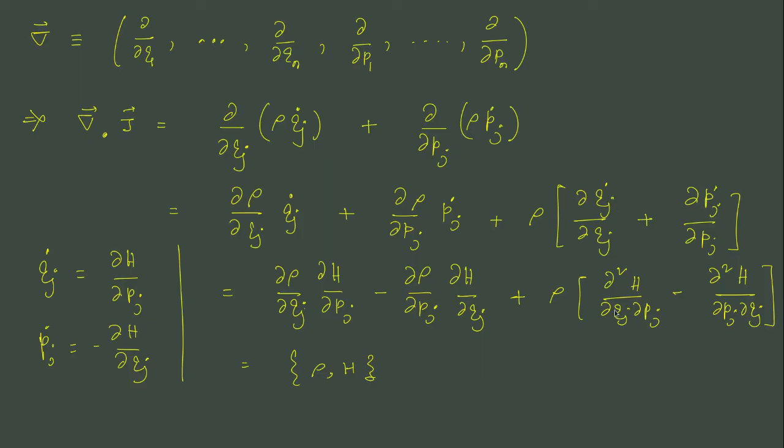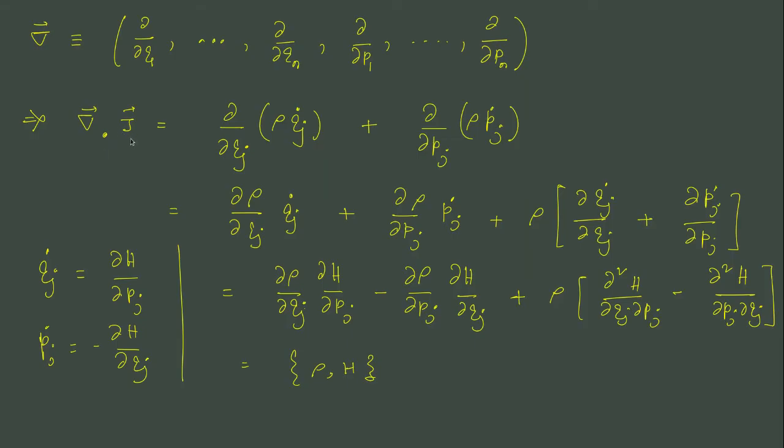The product of rho with the partial derivatives of qj dot and pj dot cancels identically, and then the remaining term can be rearranged easily, and it gives us the Poisson bracket between density and Hamiltonian. So a very important result.